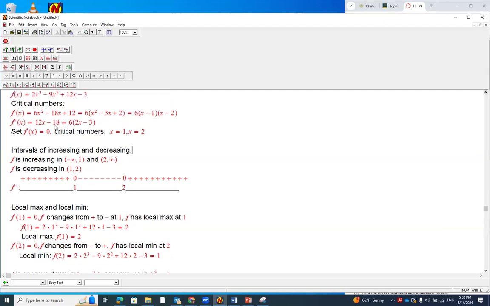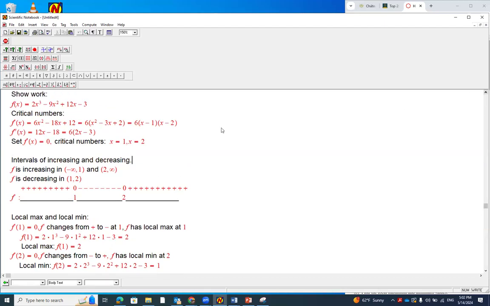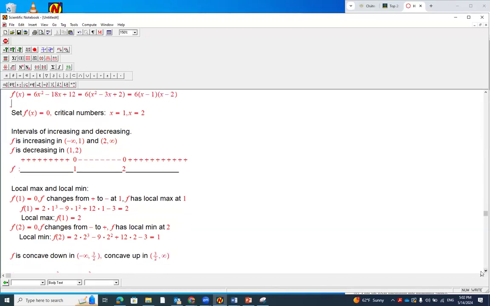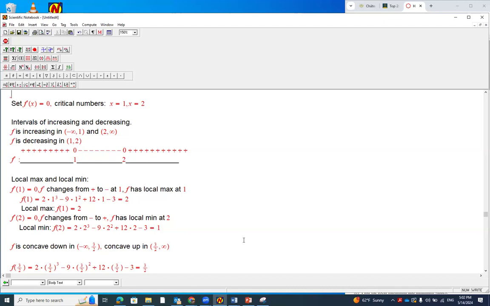Right? So on your work, you're going to show work. First derivative, put this after. You don't have to have that. And you tell increasing, decreasing. And local max, local min, you apply the first derivative test.